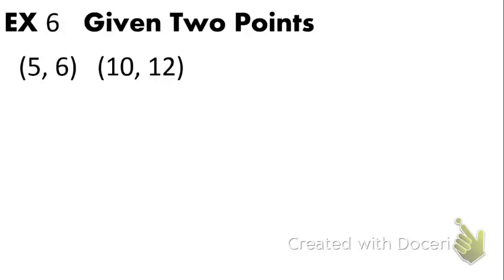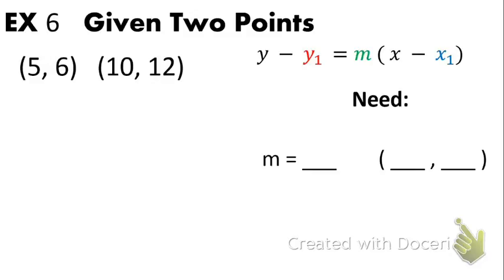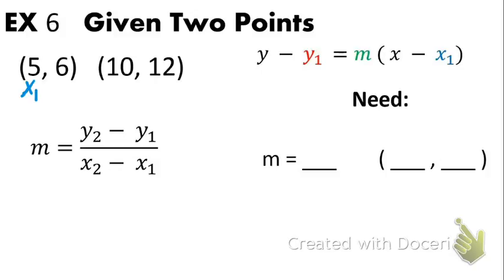What if I give you 2 points? What are you going to do then? Again, the requirements are that you have a point and a slope. Previously, you learned how to find slope between 2 points using the formula for slope. So we'll begin by labeling your x1 and your y1, and then your x2 and y2.